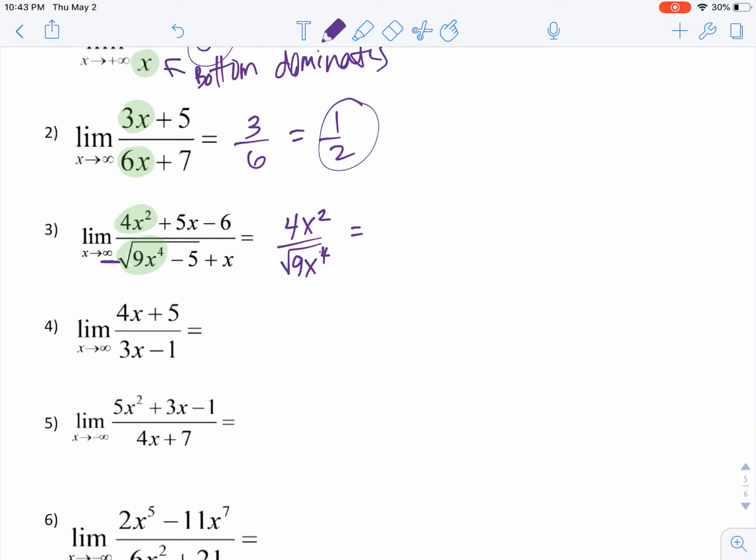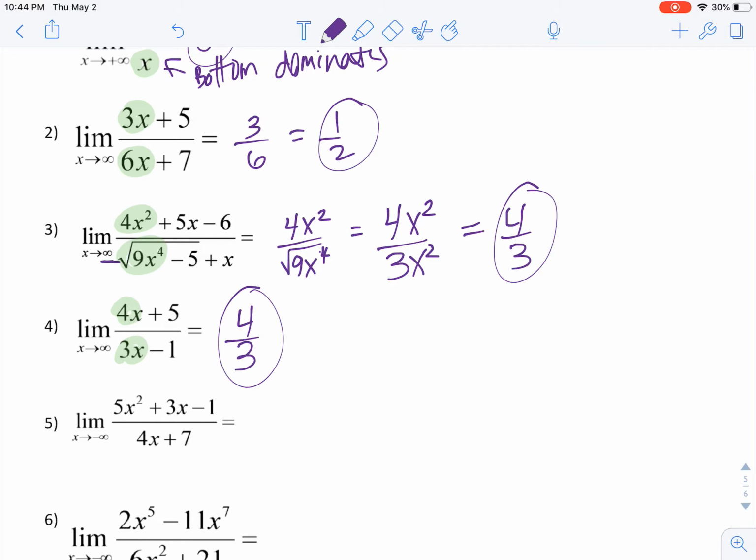So let's see, this is 4x squared over 3x squared, and that will be 4/3, same degree. Okay, number 4, same degree. Use your leading coefficients. 4/3 again.